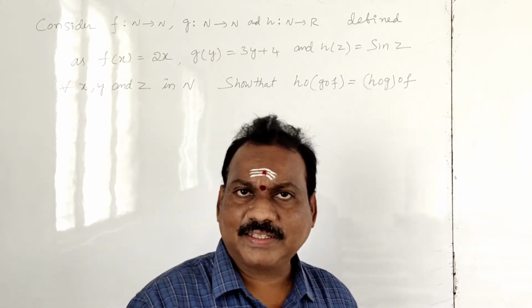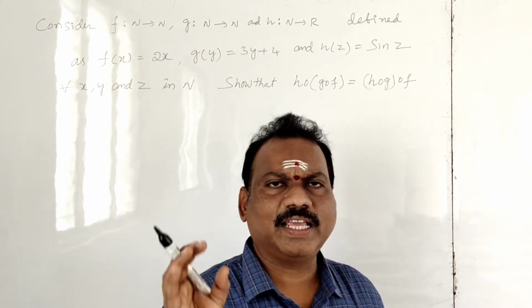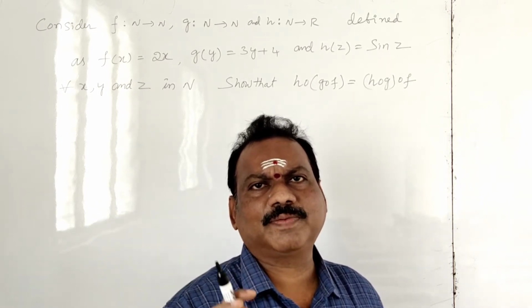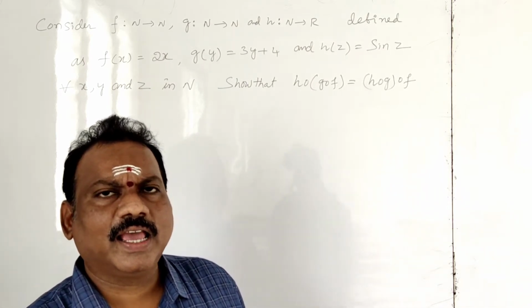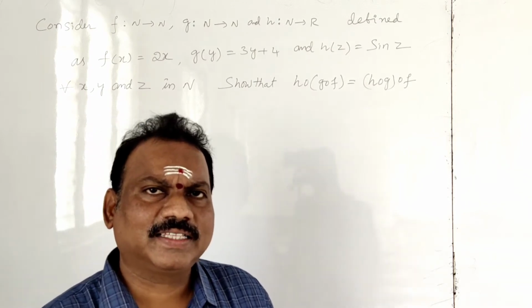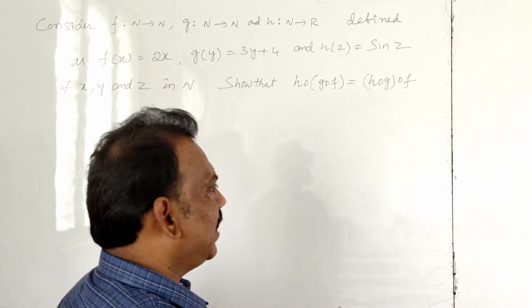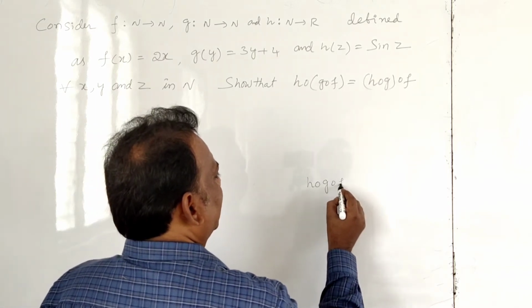But whereas for the composite function of three functions, you take f, g and h. So f is a mapping from A to B, g is a mapping from B to C, h is a mapping from C to D, then there exists a composite function h circle g circle f.